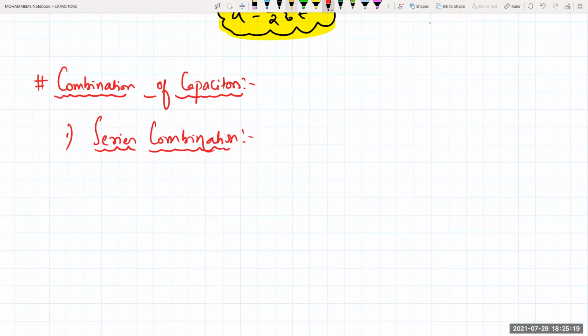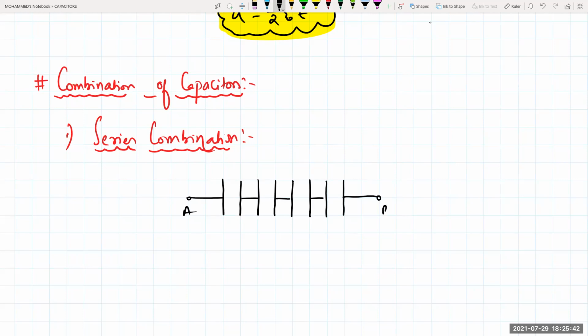If capacitors are connected something like this, you see. This is one capacitor, this is one capacitor, this is one capacitor, and this is one capacitor, like this. This is terminal A and this is terminal B. It has a charge here plus Q and this plate will be minus Q. Again, this will be plus Q, this minus Q, this plus Q, and this minus Q, because this will be connected to the negative terminal and this to the positive terminal.